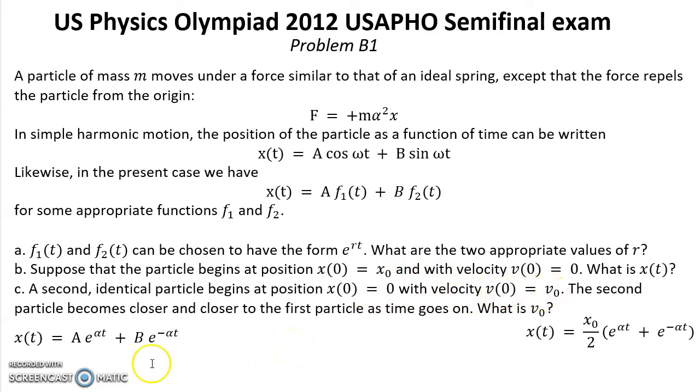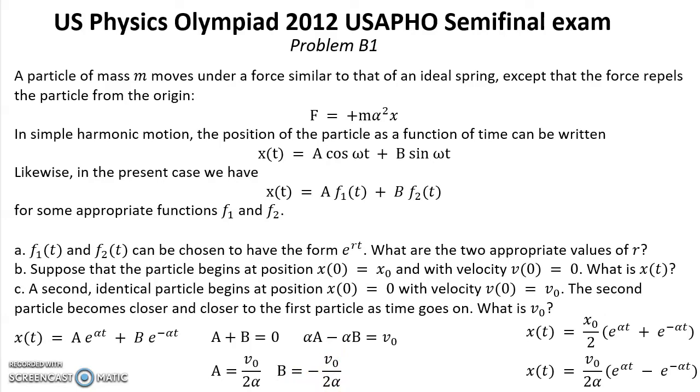Now let's count these coefficients for this particle A and B. Now we have these two equations for coefficients A and B. It means that B equal negative A, and we put it here and find that A equal V0 over 2 alpha and B equal negative V0 over 2 alpha. And the function look like this. So for second particle we have this behavior.